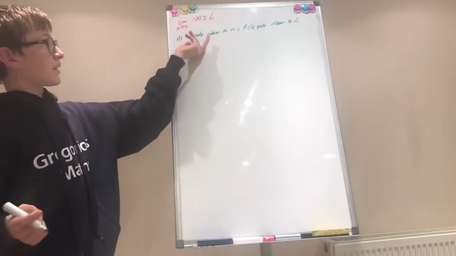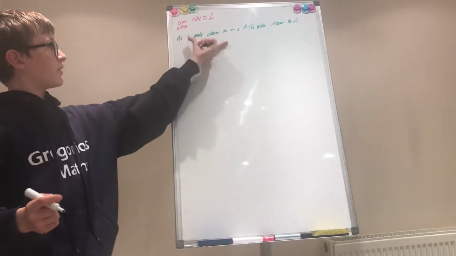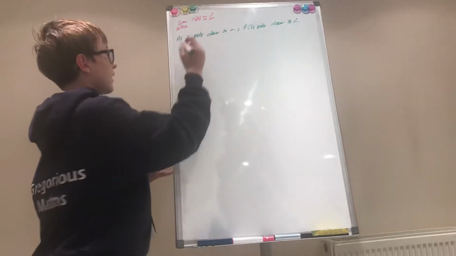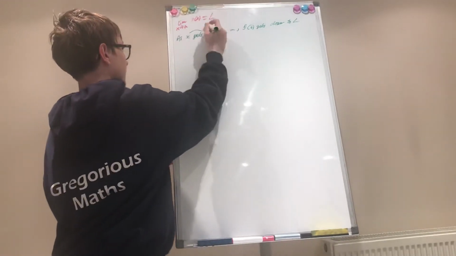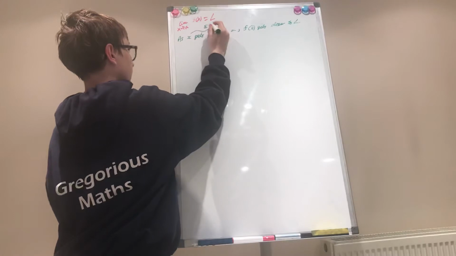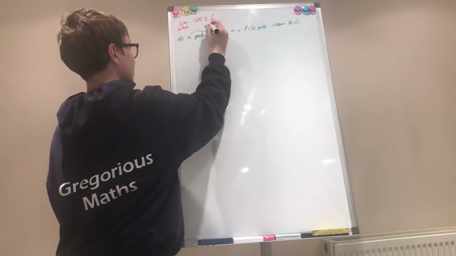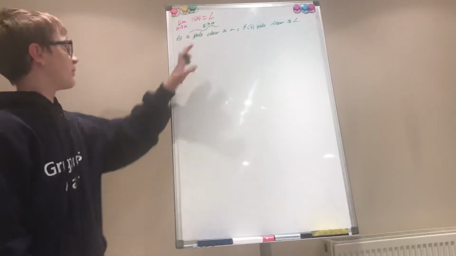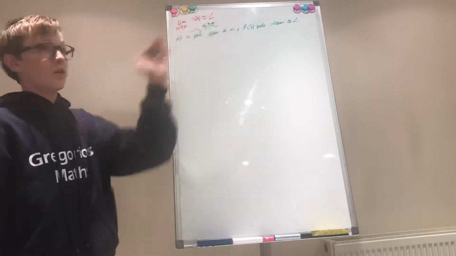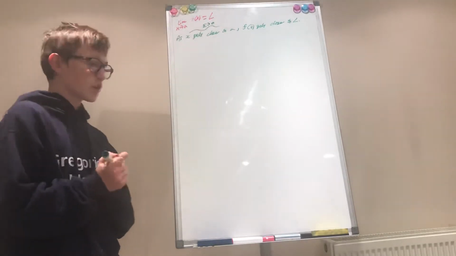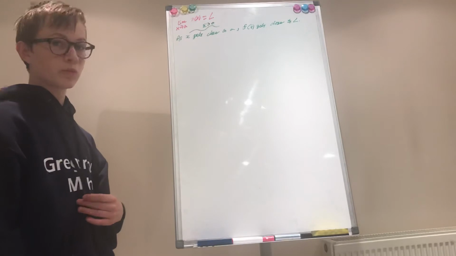Now, let's define this closeness as just being some epsilon greater than 0. Now, epsilon, don't be intimidated, epsilon is just a Greek letter, and it's usually used for denoting small numbers.